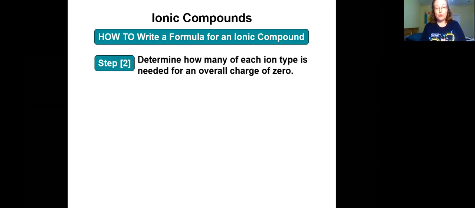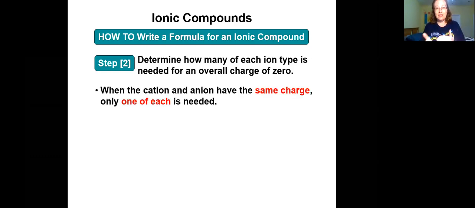Now, to write the formula for the ionic compound, we need to determine how many of each ion type is needed for an overall charge of 0. Remember back with sodium and chloride? Sodium was +1, chloride was -1, so it was just 1 to 1.